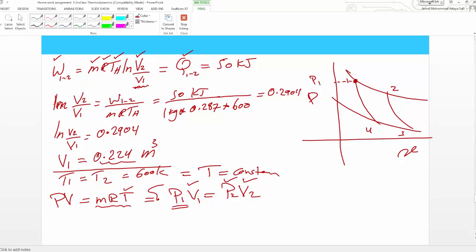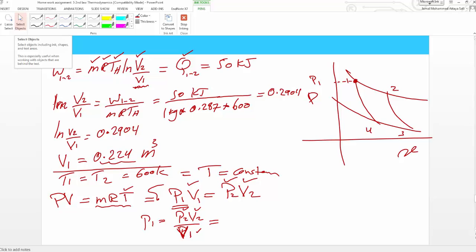So I can write P1 is equal to P2 V2 divided by V1. I have this and that one, and if I do so, I can write down the whole thing. It's probably better to write it also in numbers, so that you can check it for your answer.